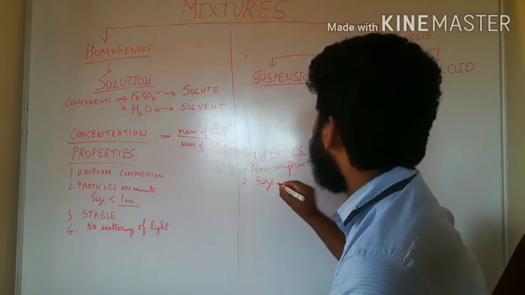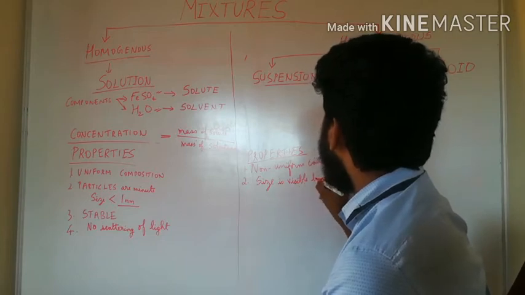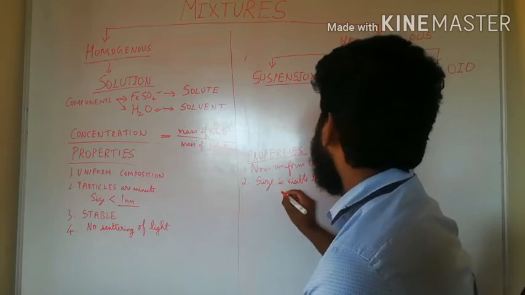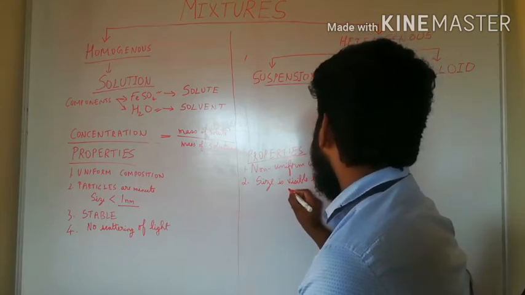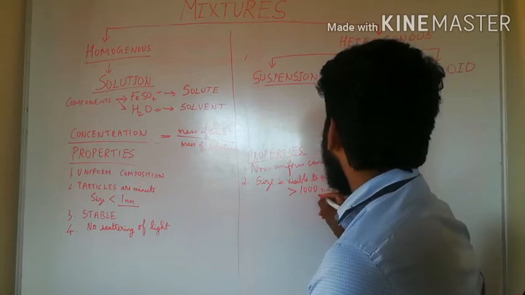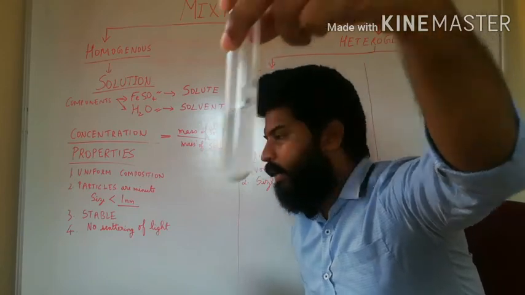Particle size is larger, it is visible to our eyes. It is greater than 1000 nanometer. So we can see the particles with our naked eye.